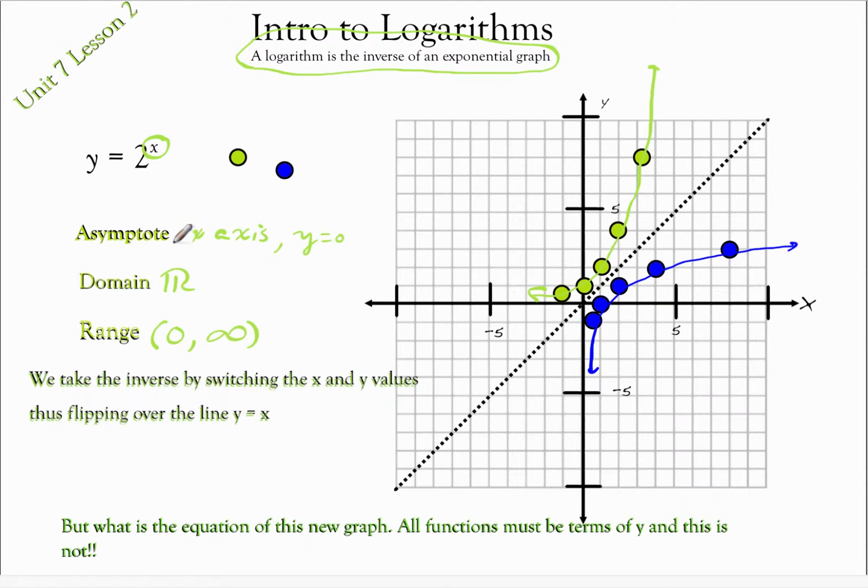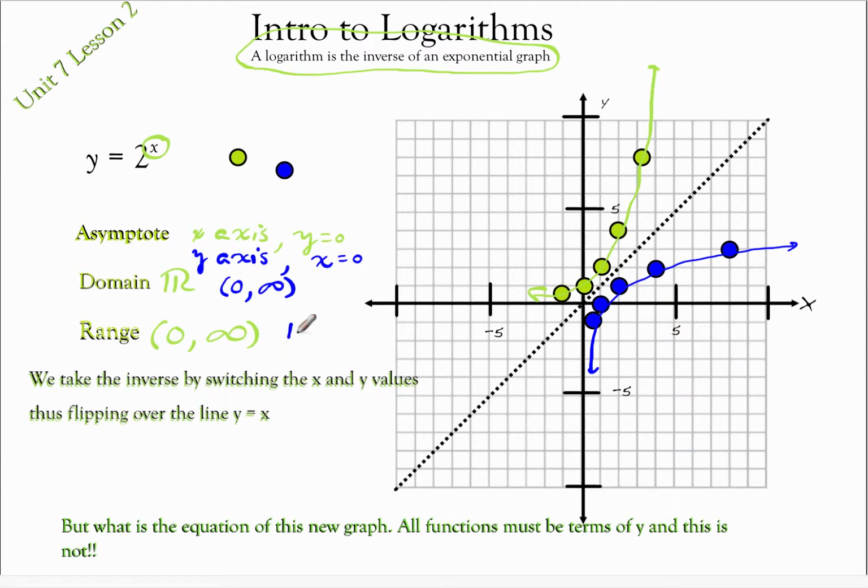So let's look at its asymptote. Well, its asymptote is now the y-axis, or the equation x equals 0. Its domain is no longer all reals. I can only put in numbers 0 and above. And its range, well, now its range goes into the negative.